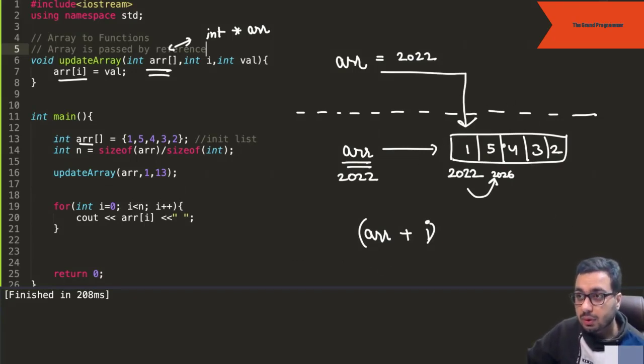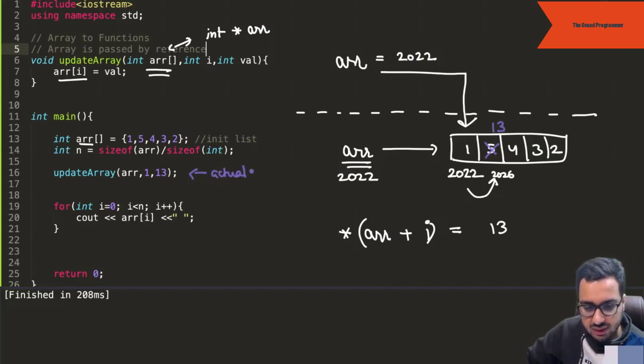If you take a jump of 2, it will go two boxes ahead. So in the memory it goes to this address 2026, dereferences it, and puts the value, let's say 13. So you're going to come to this location and make this value 13. That is why you can see the actual array is updated.